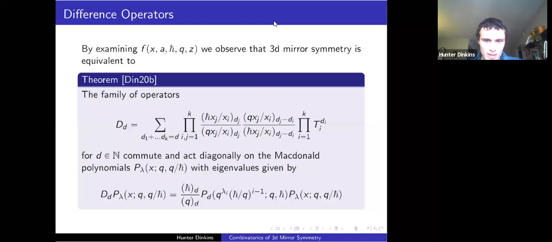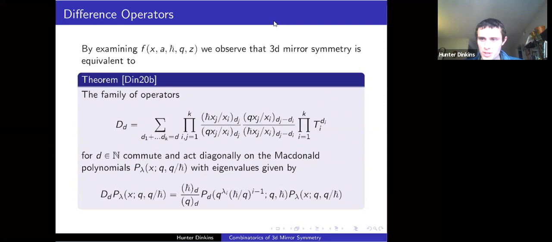So it's not at all obvious that this family of difference operators is even going to map polynomials to polynomials. A priori, it could map polynomials to rational functions. And it's also not at all obvious that these are going to commute and have Macdonald polynomials as their eigenvectors.